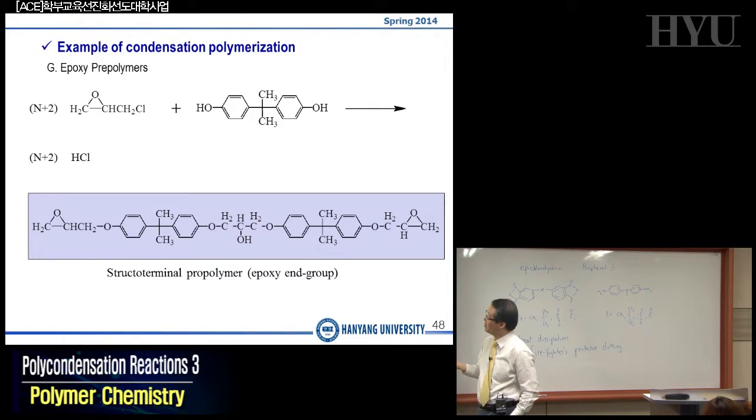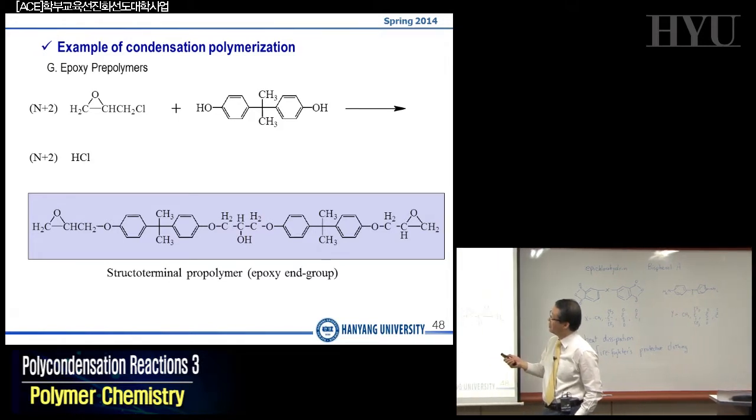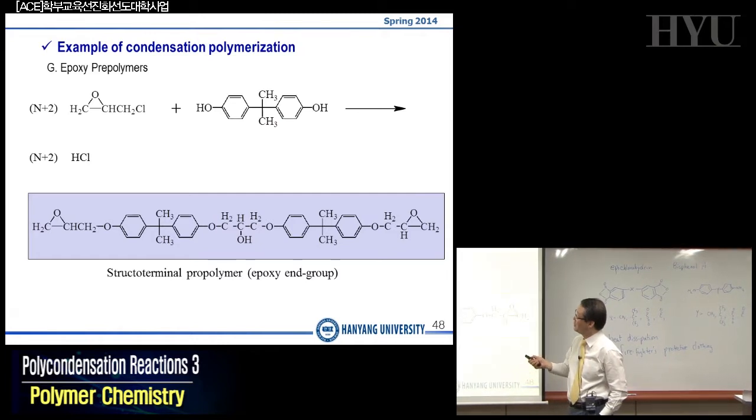You can have a reaction between this Cl and the hydrogen. So you remove this HCl, and they will be connected to each other very simply. And the reaction will proceed further. At the end of the chain, you have an epoxy group here, and this is the linear polymer.